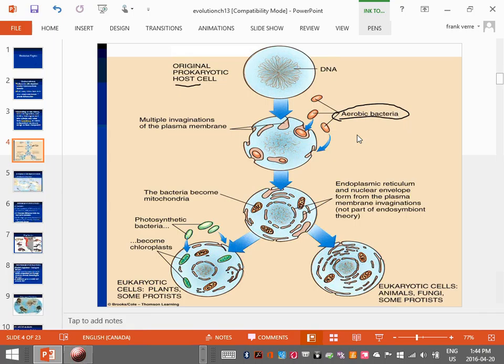But here's a different explanation. Mitochondria actually arose from a different living organism. That different living organism was swallowed up, began to reside inside the host cell, and over time evolved to become the mitochondria.